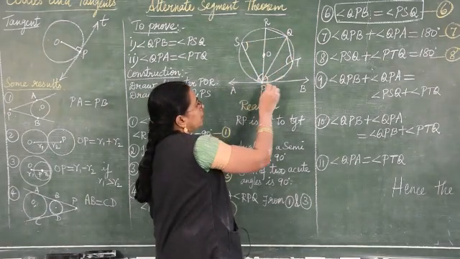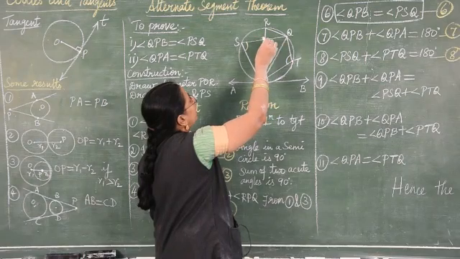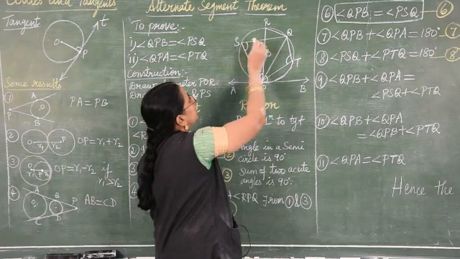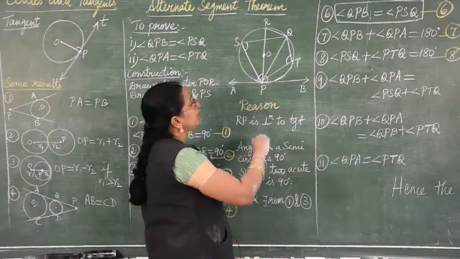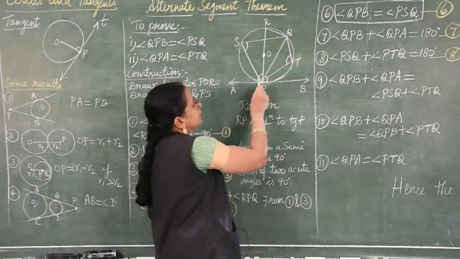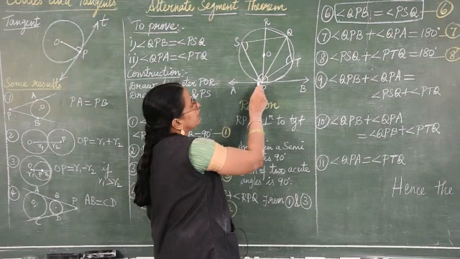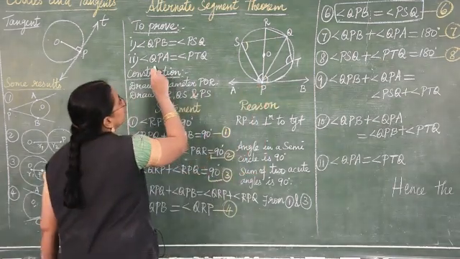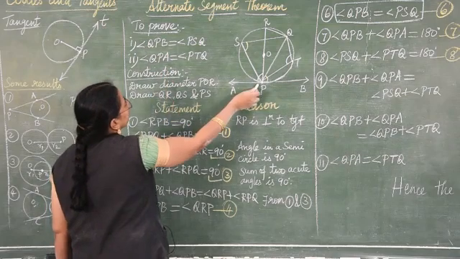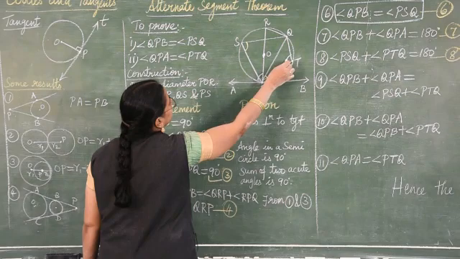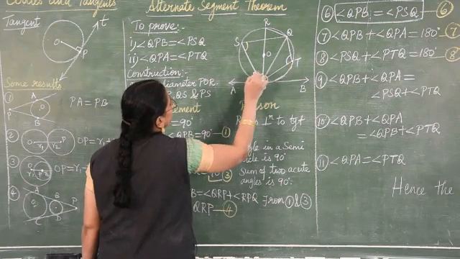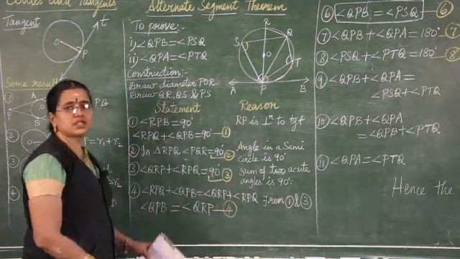So angle QPB equals angle QSP. That we are going to prove. Likewise, the other angle near the tangent, angle QPA, equals angle PTQ. These two are equal, that we are going to prove in this theorem.